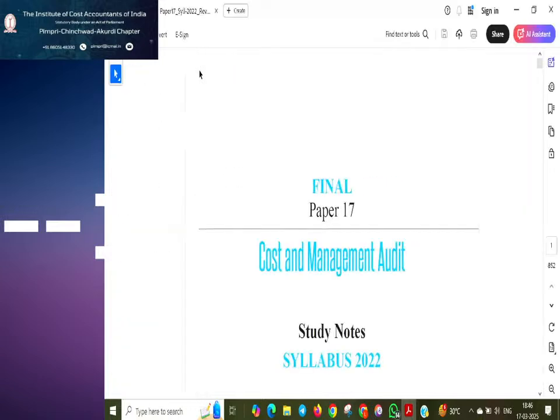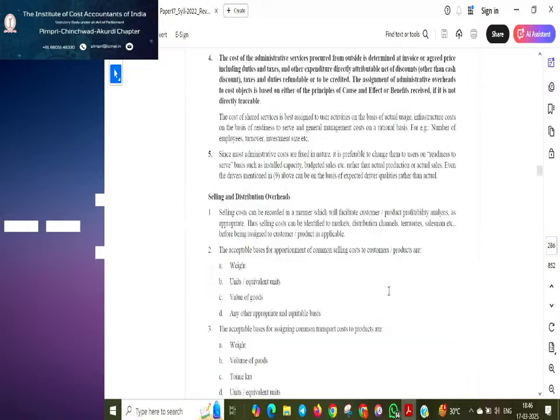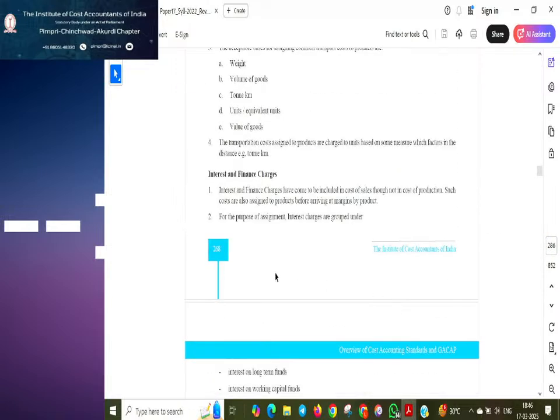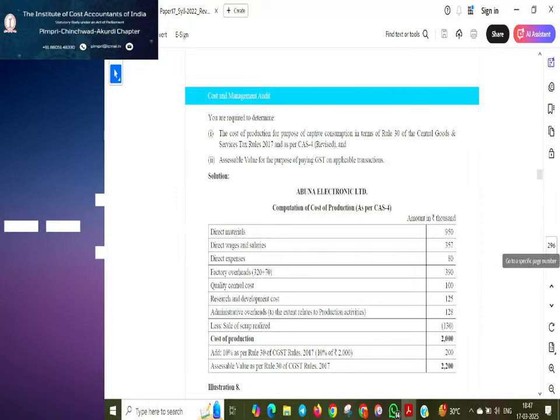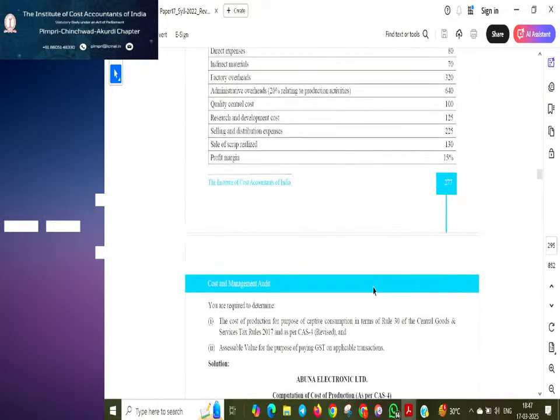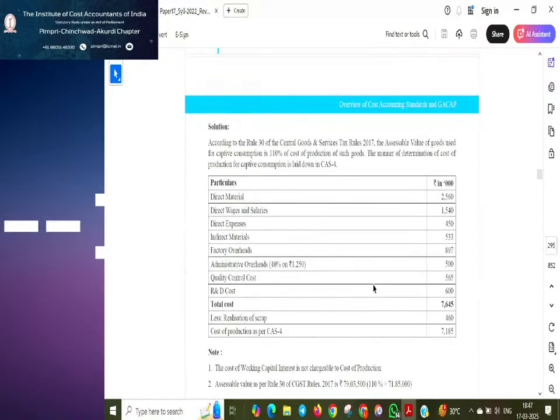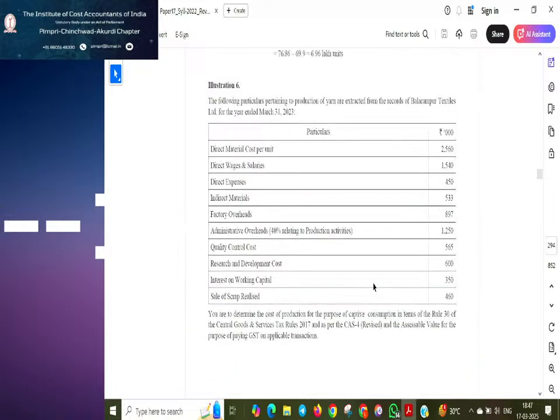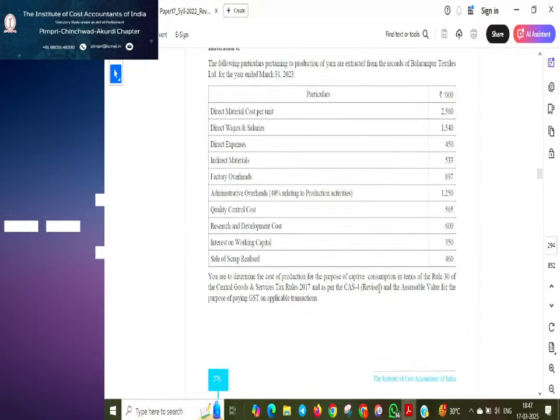Over here, page number 276 of your book. This particular problem. No, the 276, not 276.